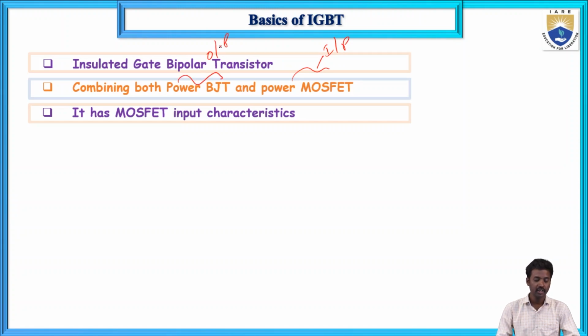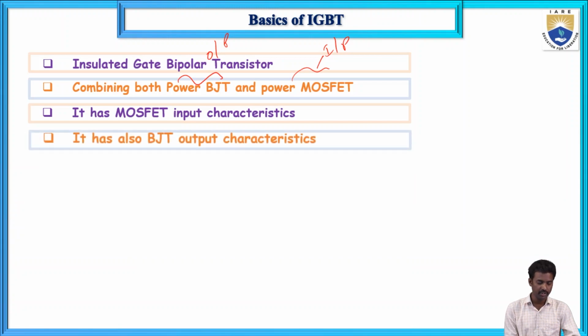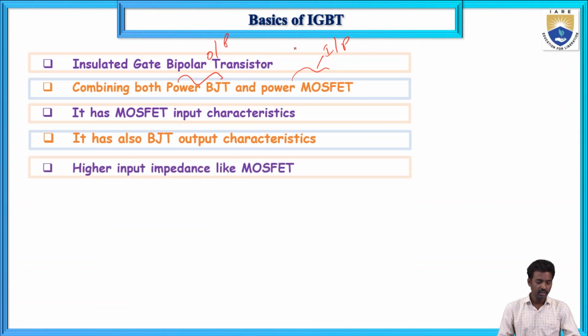The most important advantage of power MOSFET is high input impedance, and that input characteristic is present in the IGBT.